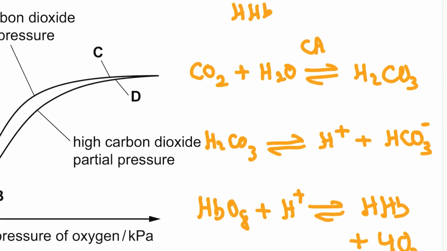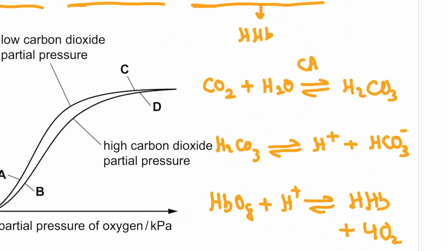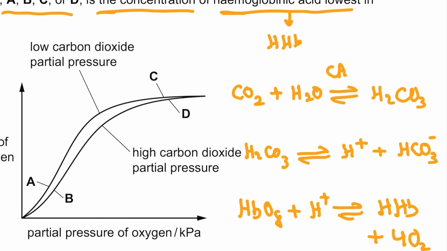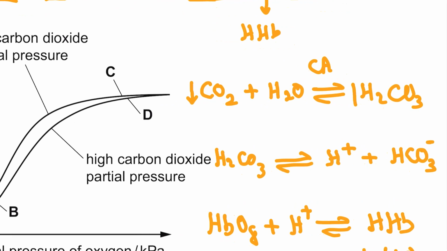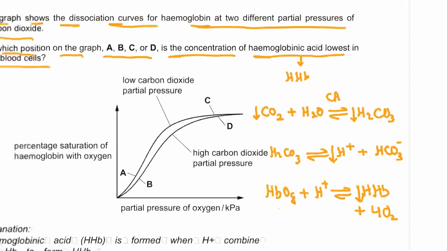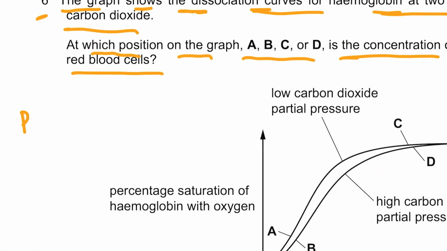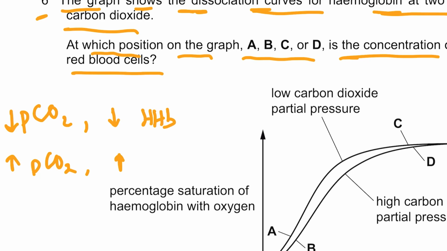Always remember this point, that guys, if partial pressure of CO2 is low, what will happen? Less carbonic acid will be produced, less hydrogen ions will be produced, and less HHb will be produced. So always remember that if there is a low PCO2, there will be low HHb, and if there is a high PCO2, then there is high HHb.